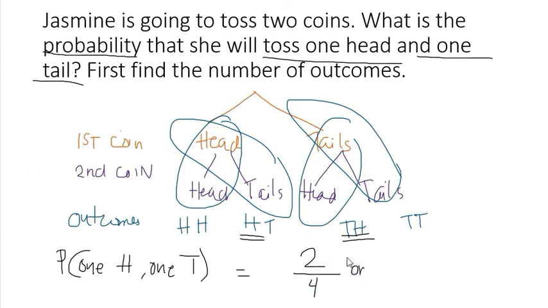We need to simplify this. 2/4 is equal to 1/2. Therefore, the probability of getting 1 head and 1 tail is 1/2.